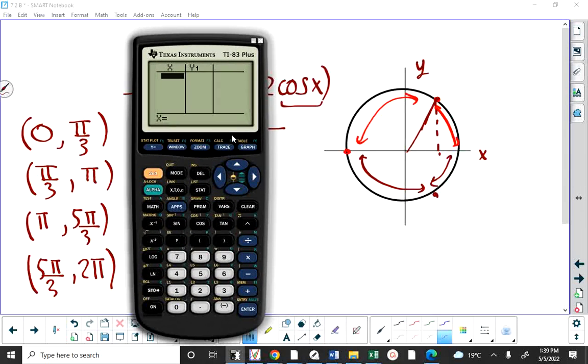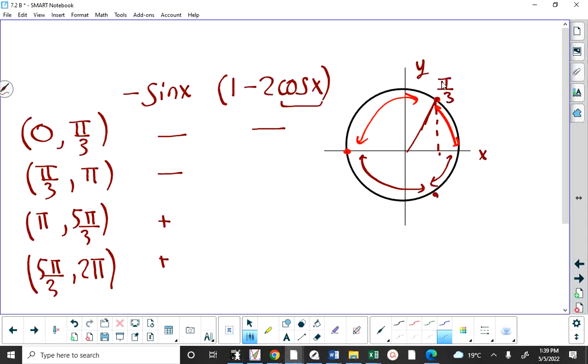Pi over 3 is pretty darn close to 1 point something. Pi is 3.14. 5 pi over 3 is pretty darn close to 5. And this is 6.2. So I'm going to put in a number in this interval, in my table.